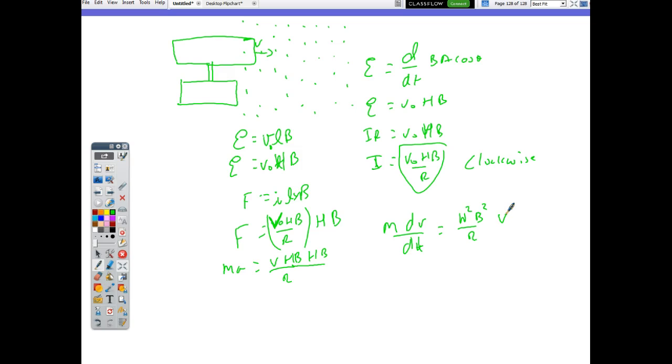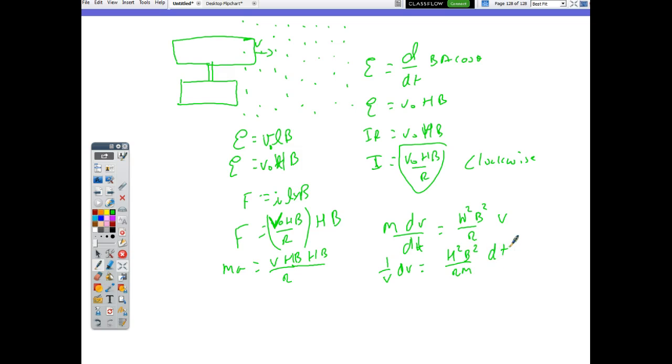So, how do I deal with this? V's got to come over here. Everything with a T's got to come over here. I'm going to go ahead and move the M anyways, just because I want a block of constants rather than constants everywhere. So I'm going to move the V over here. I get 1 over V dV equals H squared B squared over Rm dt.